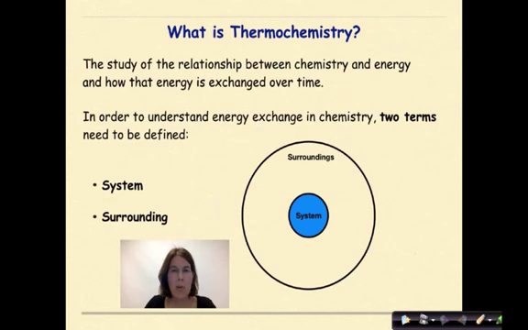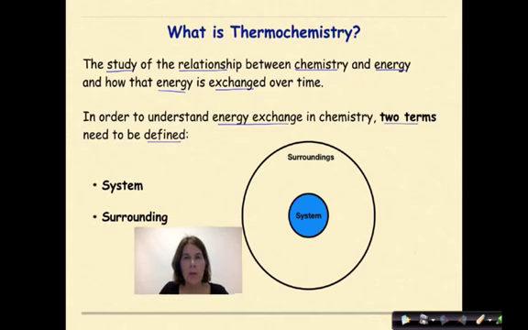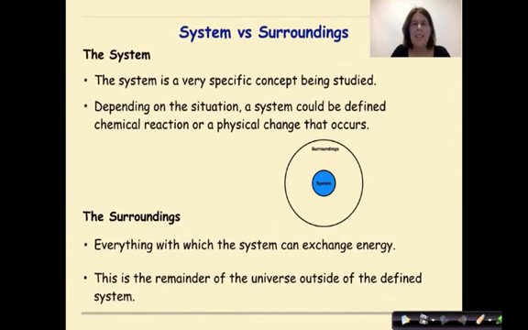What is thermochemistry? Thermochemistry is the study of the relationship between chemistry and energy and how that energy is exchanged over time. In order to understand energy exchange in chemistry, two terms need to be defined. The first is the system and the second is the surrounding. So what do we mean by the system?